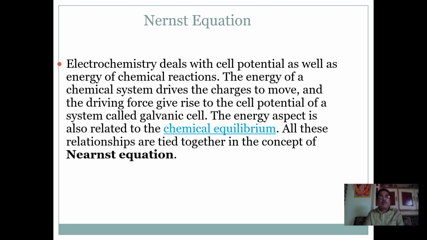The energy of a chemical system drives charges to move, and this driving force gives rise to the cell potential of a system called a galvanic cell. The energy aspect is also related to chemical equilibrium. All these relationships are tied together in the concept of the Nernst equation.